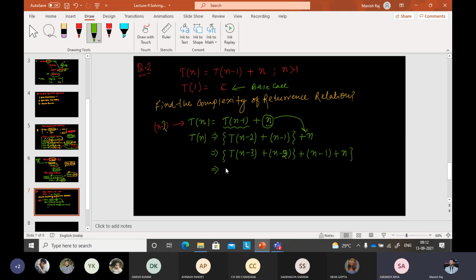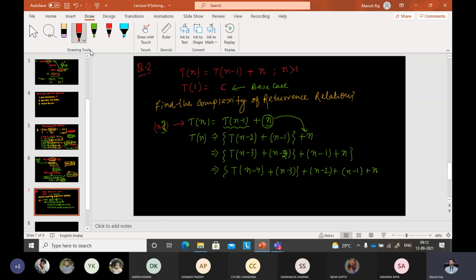If I put n-3 here, then Tn-4 will be there, plus n-3, and after that three terms will be there: n-2, n-1 and n.